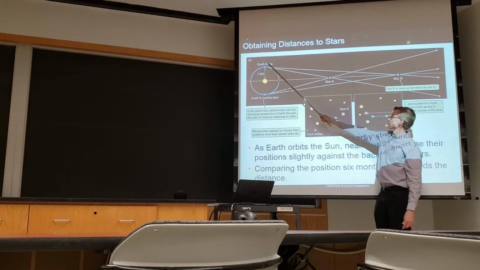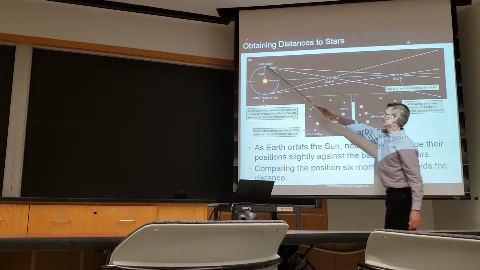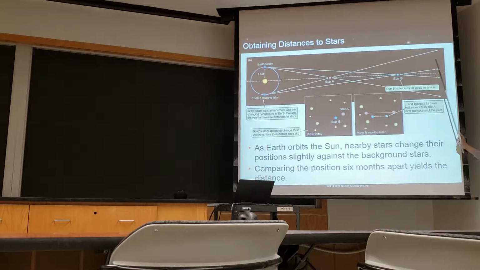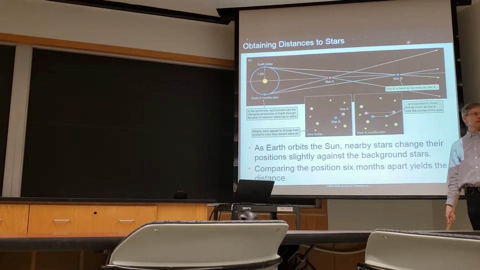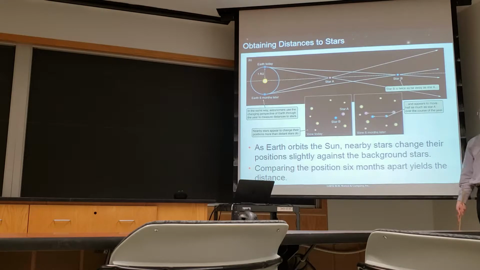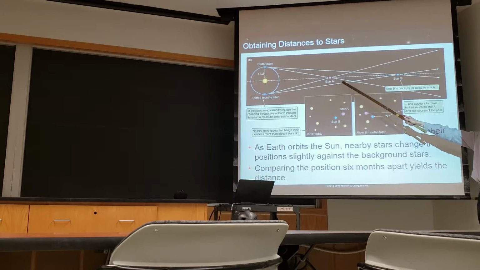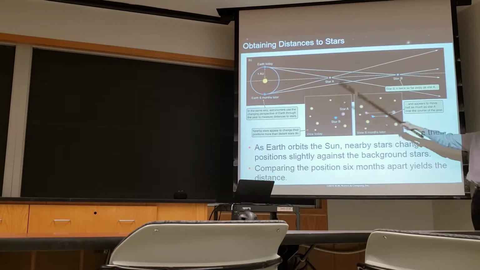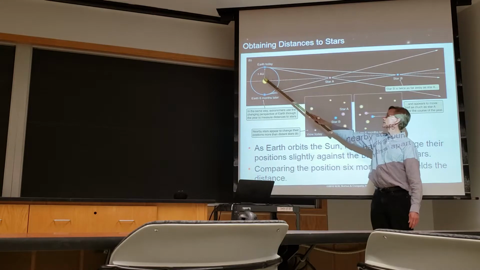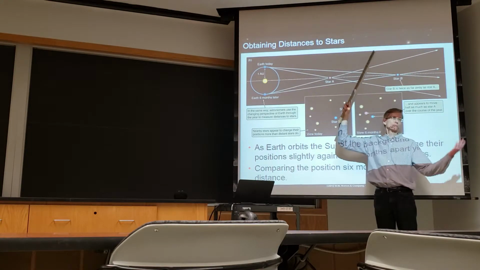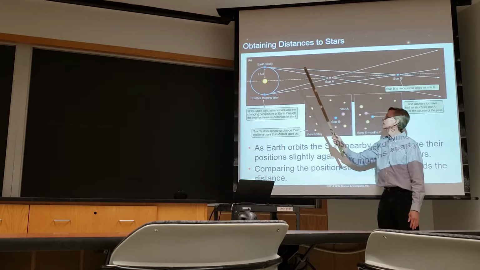If we draw a line from Earth to the star today versus Earth to the star 6 months from now, that nearby star will appear in front of different faraway stars because of that shift in perspective, the line of sight. And this is not to scale. Stars are hundreds of thousands or more AU away. So these stars should be several 100,000 times or more AU, much further away than this, but then we wouldn't be able to show what's going on.